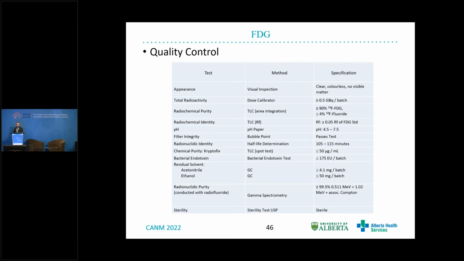We have to do filter integrity of our sterile filter. After the filtration takes place, we put a nitrogen pressure on it to see at what point we basically break the filter. And each filter has a specification on how much pressure it's supposed to take.